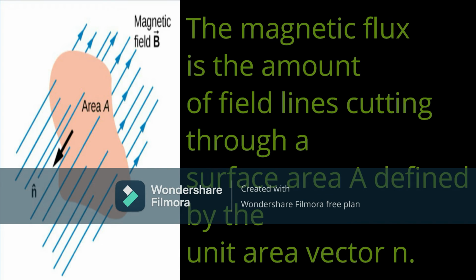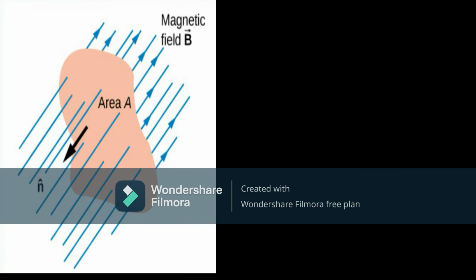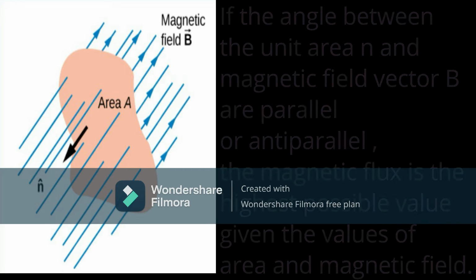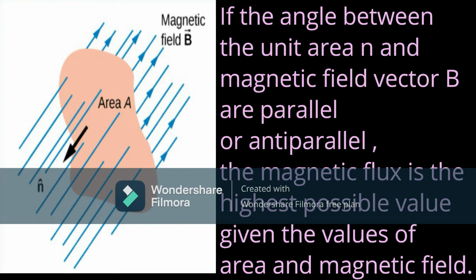The magnetic flux is the amount of field lines cutting through a surface A defined by a unit area vector n. When the angle between the unit area vector n and the magnetic field vector B is parallel or antiparallel, like the diagram at the side, the magnetic flux is the highest possible value given the values of area and magnetic field.